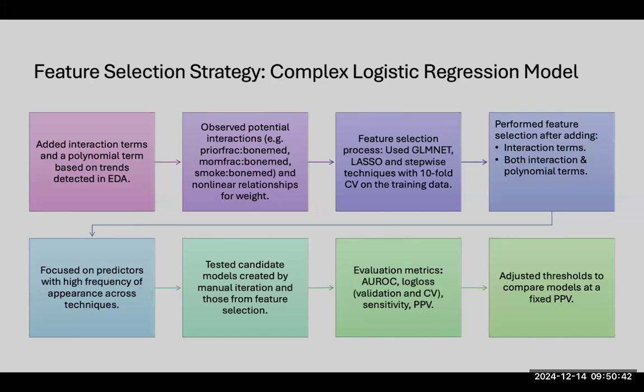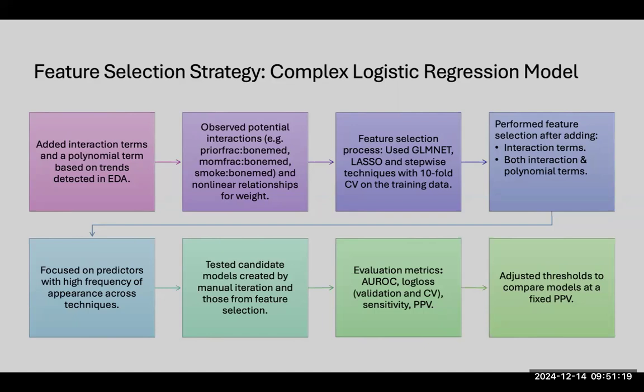I used the same feature selection process with the GLM-NET, lasso, and stepwise techniques. I performed feature selection after adding either interaction terms or both interaction and polynomial terms. And I focused on the predictors with the high frequency of appearance across all these techniques. I tested candidate models, both created from the feature selection and through a manual iteration process, and used the evaluation metrics area under the ROC curve, log loss, sensitivity, and PPV.